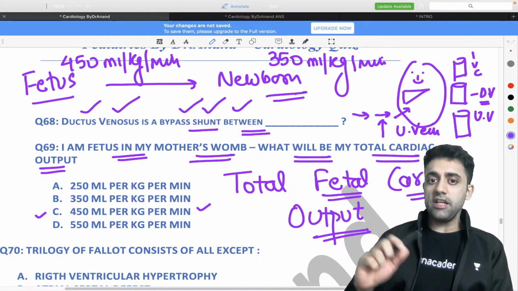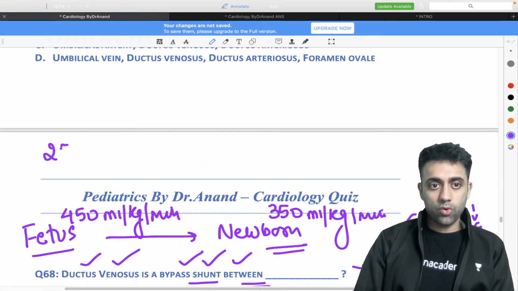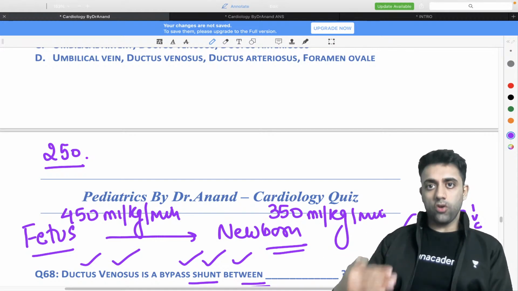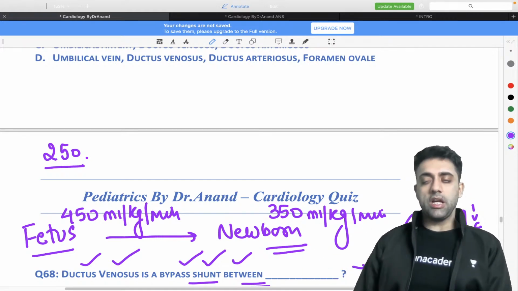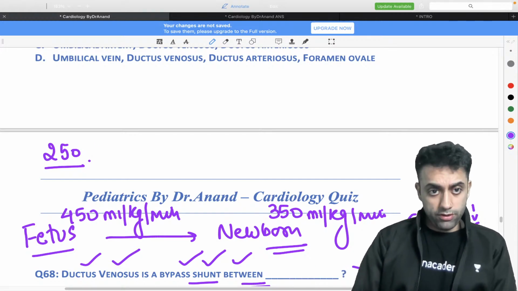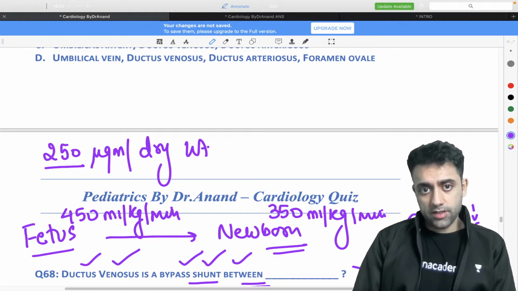And 450, 350, and what else? And 250. Remember, this was the homework I gave you. 450, 350, 250. 450 is the normal fetal cardiac output. 350 is the cardiac output of a newborn, and 250 microgram per dry weight of hepatic copper content.